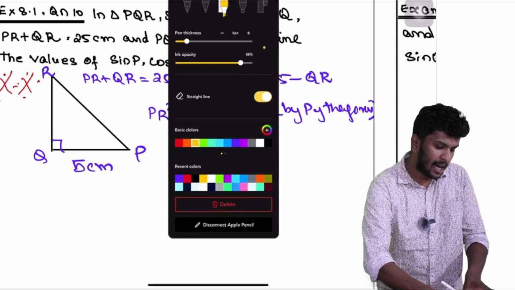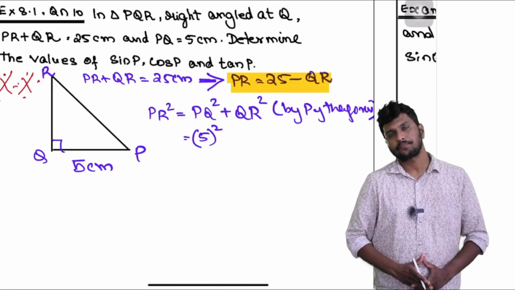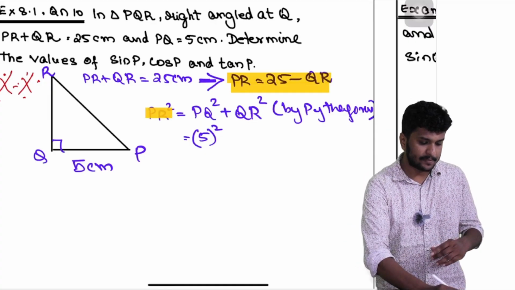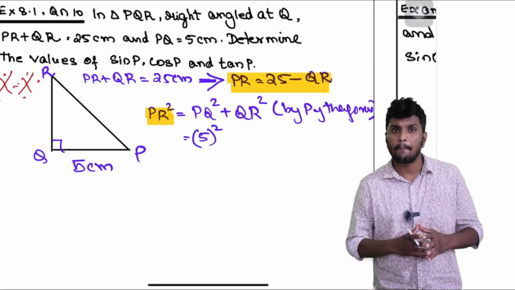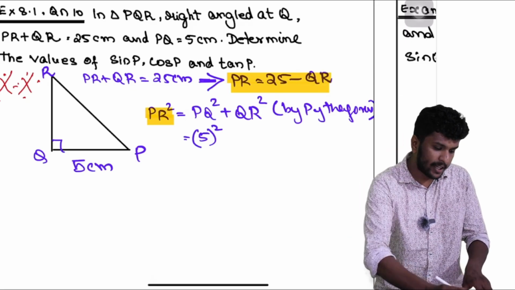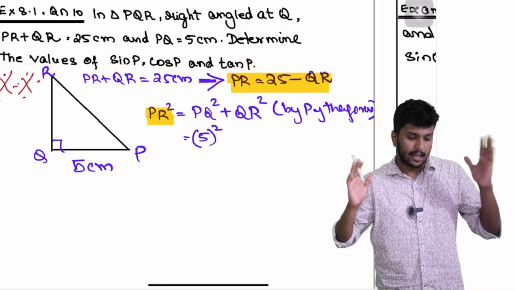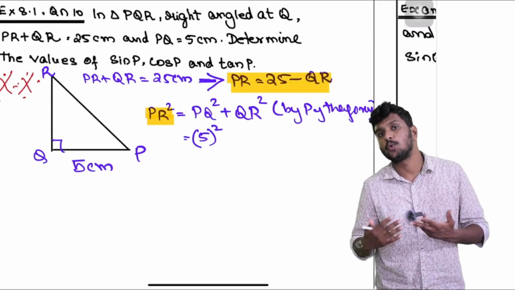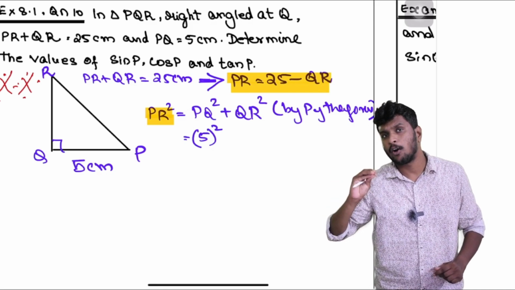What did I do here? I rewrote PR as 25 minus QR, and this PR value I'll put in the Pythagoras. Instead of PR I can put 25 minus QR, isn't it? Now instead of this PR I can put 25 minus QR the whole square and expand using which algebraic identity?